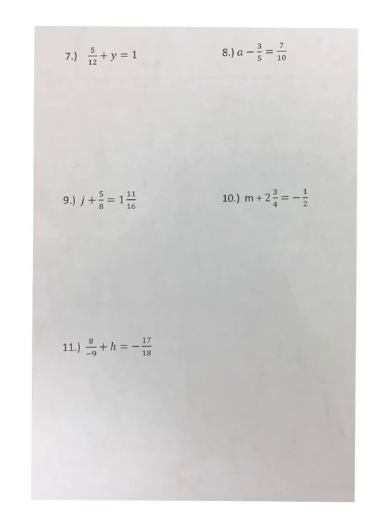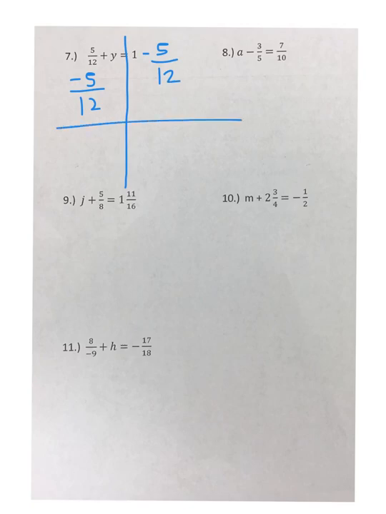So even with fractions, you're going to be using the exact same process. Okay, so since we have positive 5/12 on one side, we're going to subtract 5/12 on this side, subtract 5/12 on this side, keeping it balanced. We'll bring down our y, and then we need to subtract 1 minus 5/12. So you're going to need to make common denominators here.